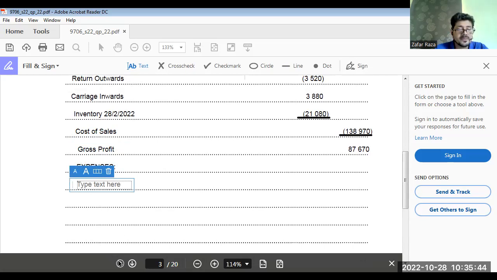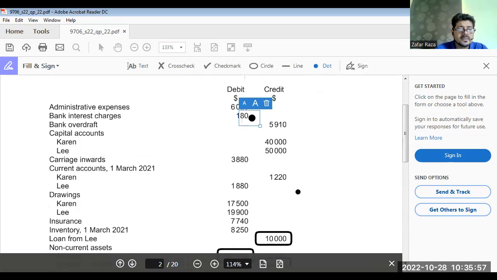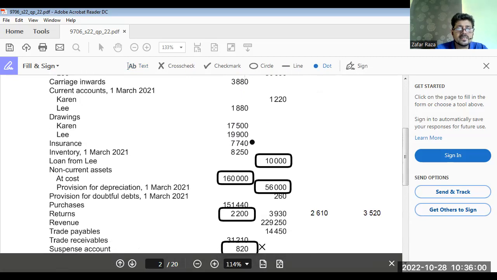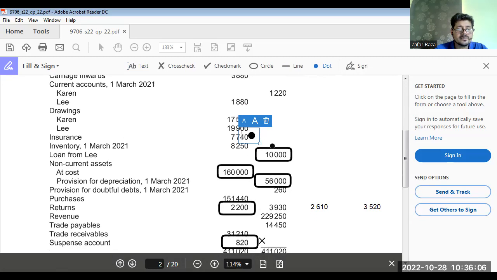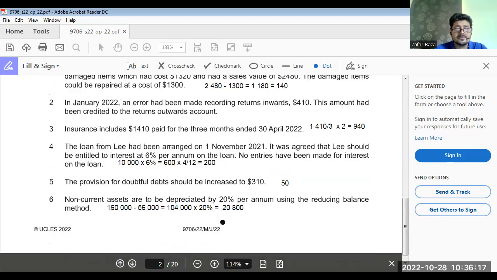If we go there, we'll find administrative expense, bank interest charges, then insurance, then loan interest, and depreciation expense.